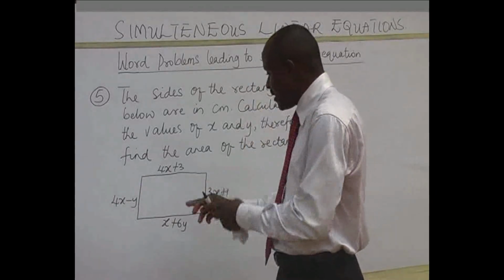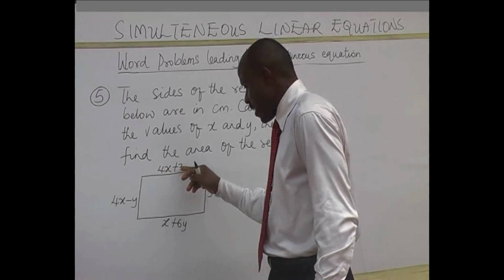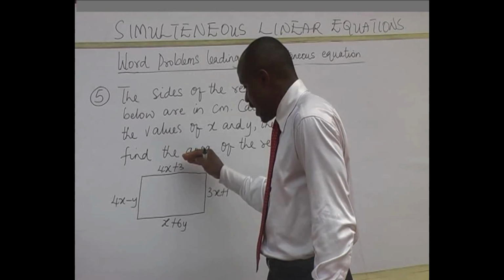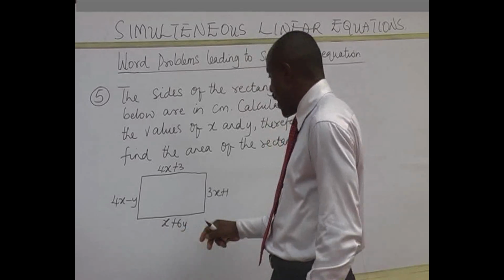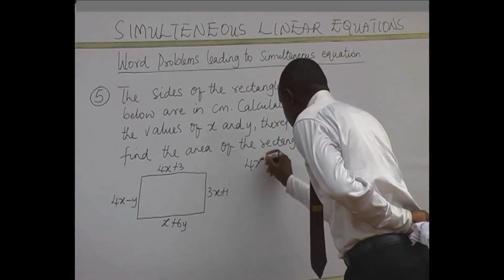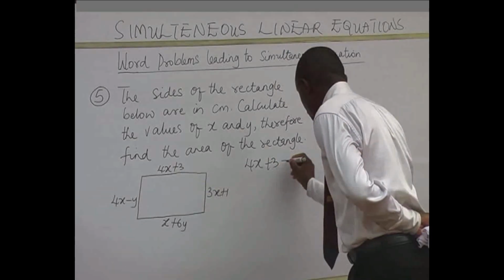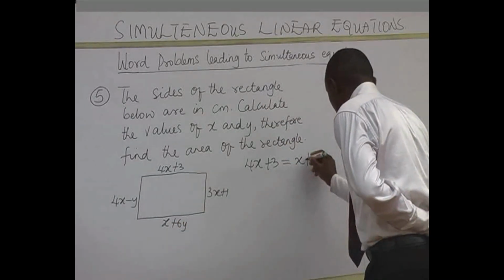One of the values is that 4x plus 3, which is one side of the length of the rectangle, is equal to the opposite side, which is x plus 6y. So the first one we are going to have is 4x plus 3 is equal to x plus 6y.